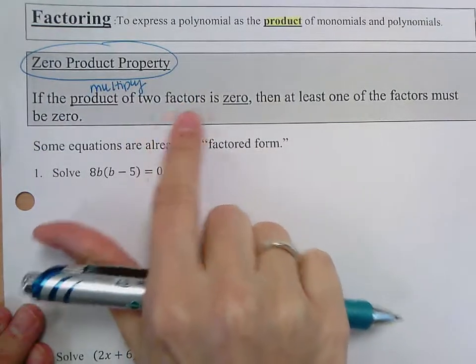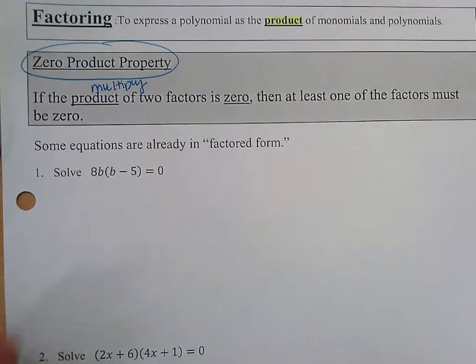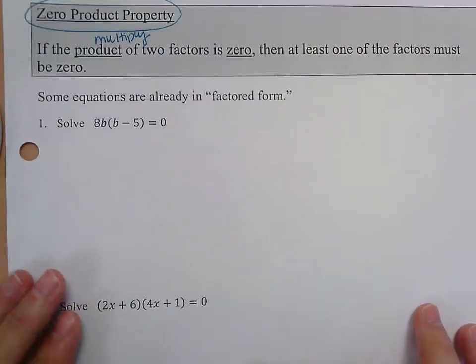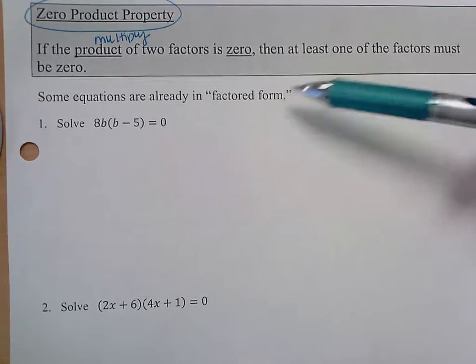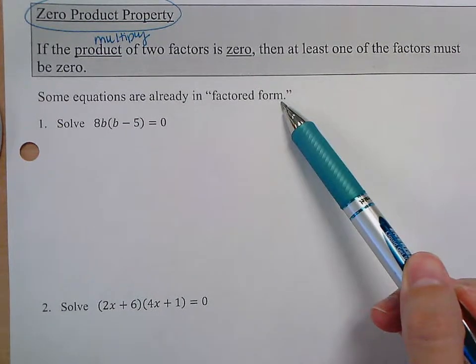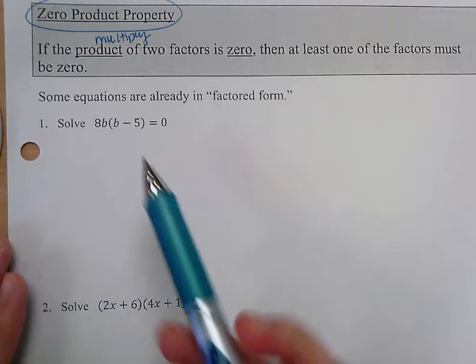Now this says two factors because factors could include variables, but you use that as a way to solve these equations. So the first two examples on the front, it says some equations are already in factored form. Here's how you tell that they're factored.